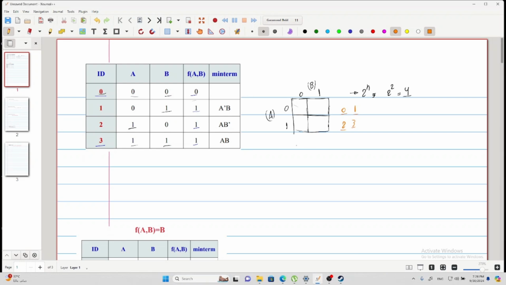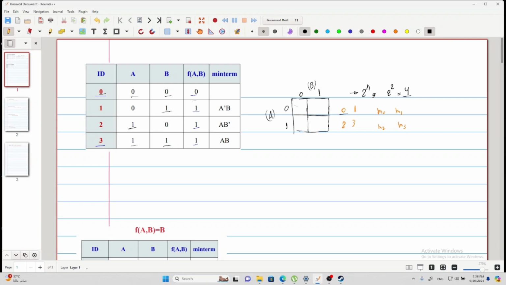These are the possibilities. Or you could say m of 0, m of 1, m of 2, and m of 3. If you study the book, you use this notation.